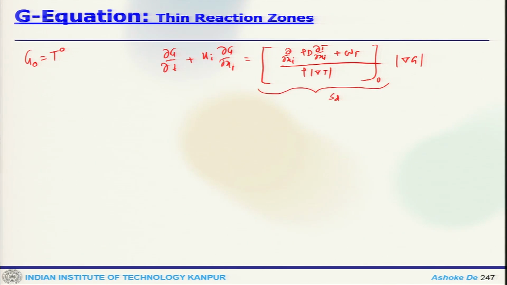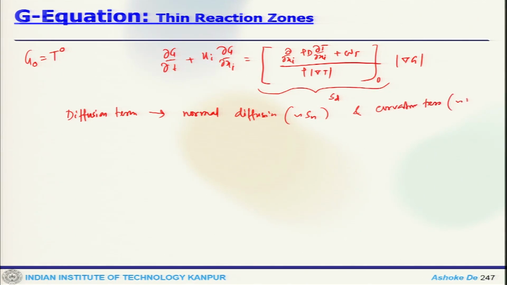Now the diffusion term, which is the normal diffusion and curvature term, will be invoked. So we will have the diffusion term, which is the normal diffusion, that is Sn, and the curvature term, which is of the order of kappa.